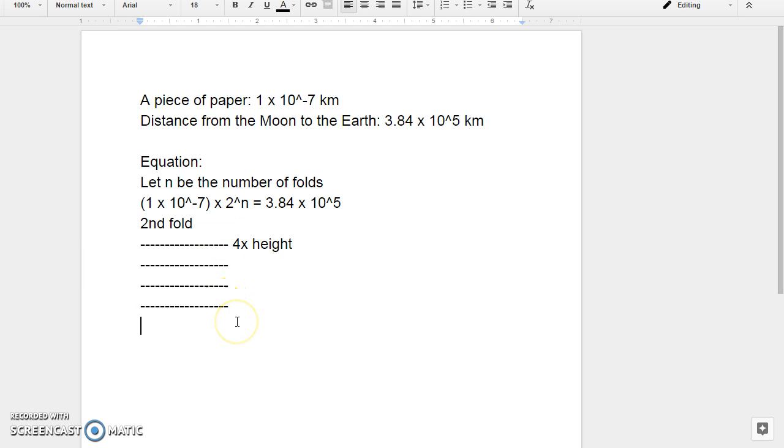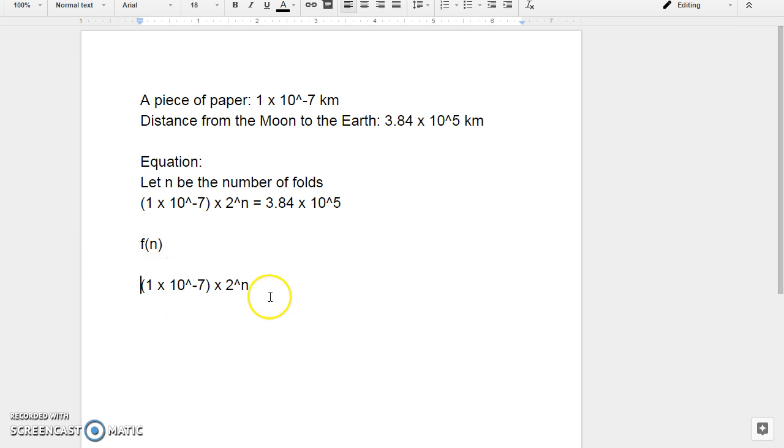And after the third fold, it will double everything. It will become 8 times. So like this, let's take an example.